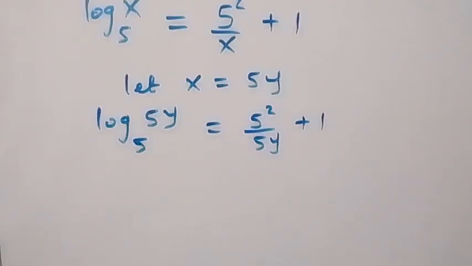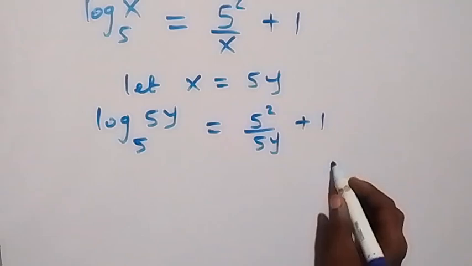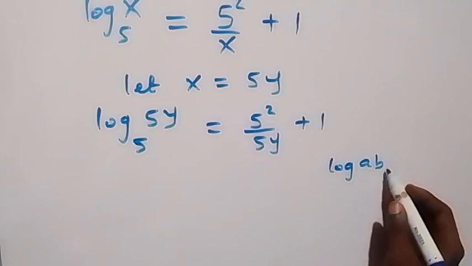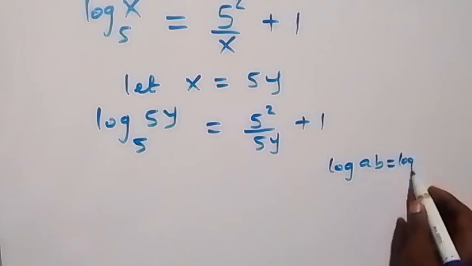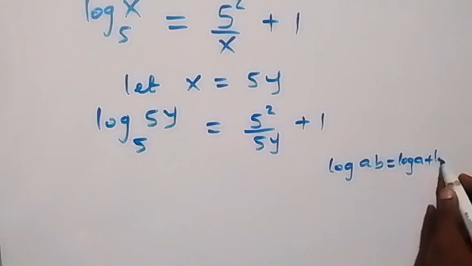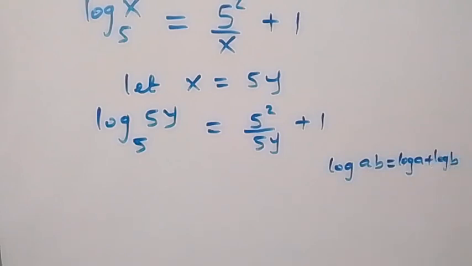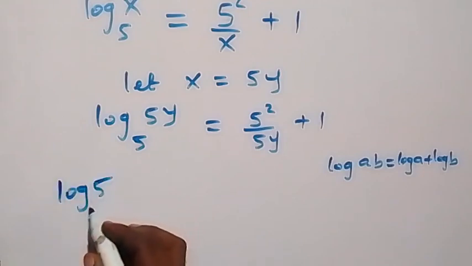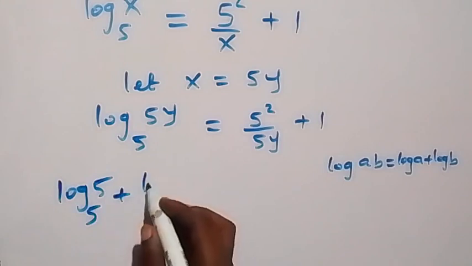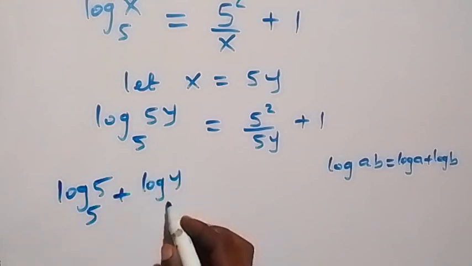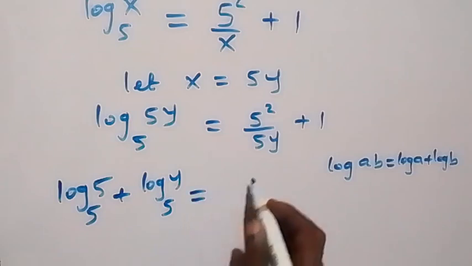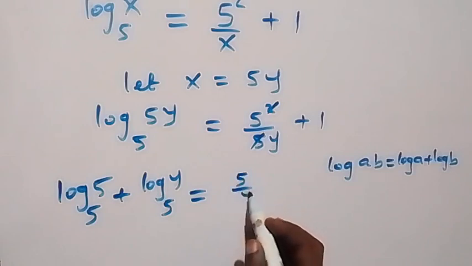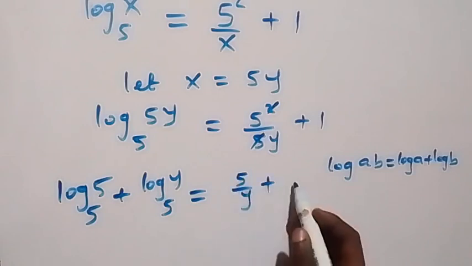Then we can apply the law of logarithm when we have log AB, which is simply log A plus log B. So we separate it into a sum of two logs. That means here we have log 5 to base 5, then plus log y to base 5, equals, here, a 5 will cancel one of these 5s, then we have 5 over y plus 1 on this side.